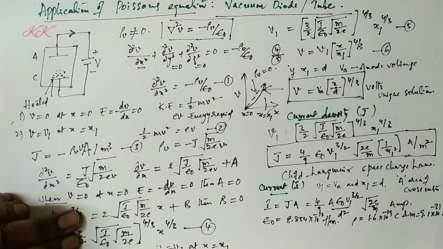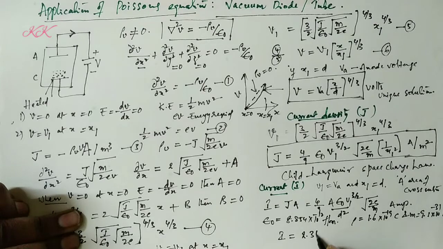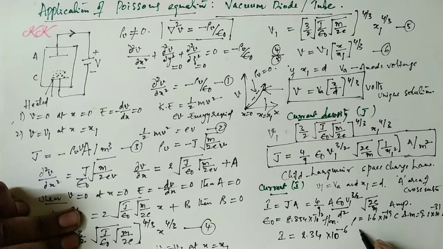Now substituting these values and simplifying, we are going to get I equals 2.34 into 10 to the power of minus 6 Va to the power 3 by 2 divided by d square amperes.